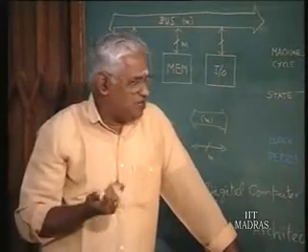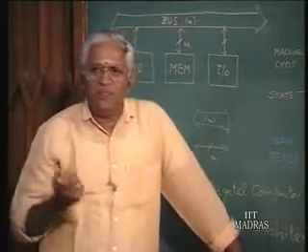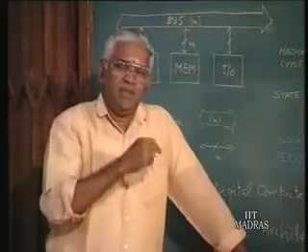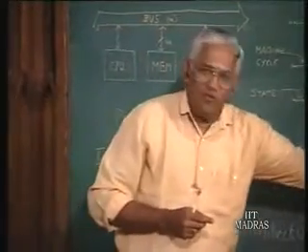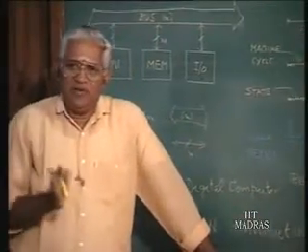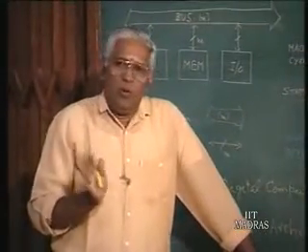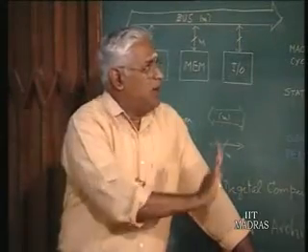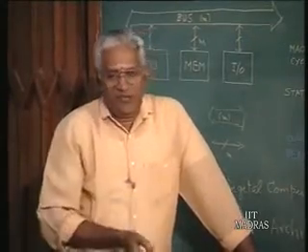Suppose you have an instruction like add A B, right? Then once the CPU has A and B, whether A and B are fetched from the memory or they are locally available in the CPU, whatever it is, once it has these 2 data A and B, the addition operation will be executed.